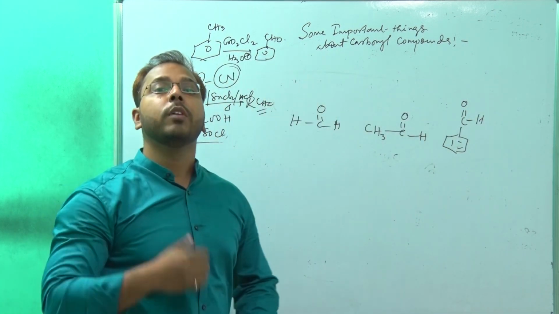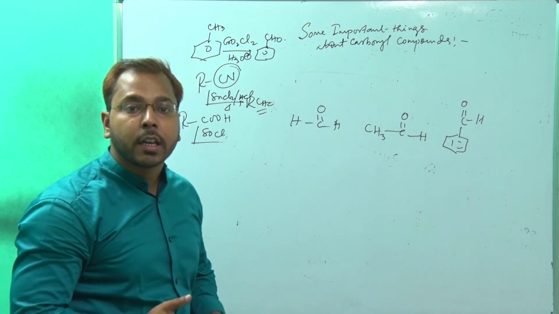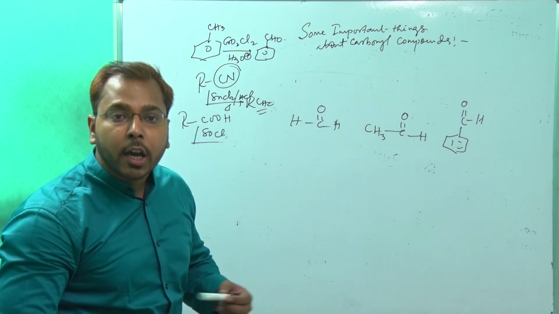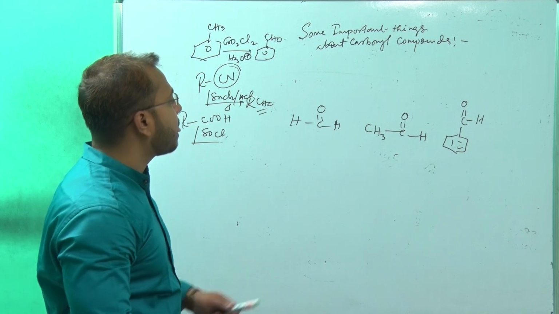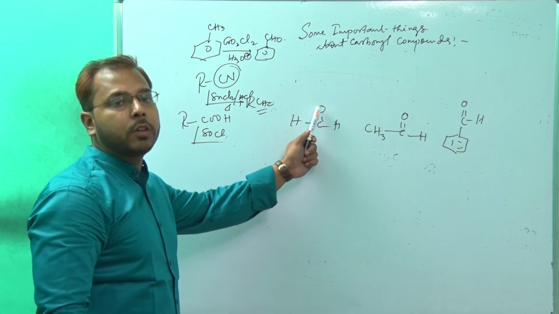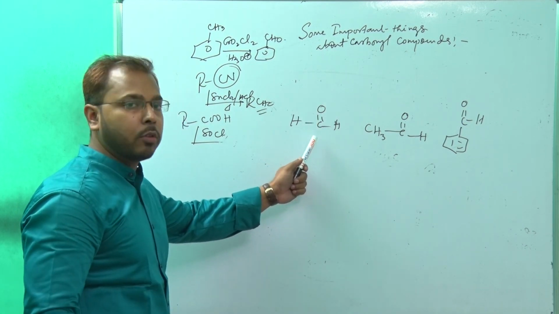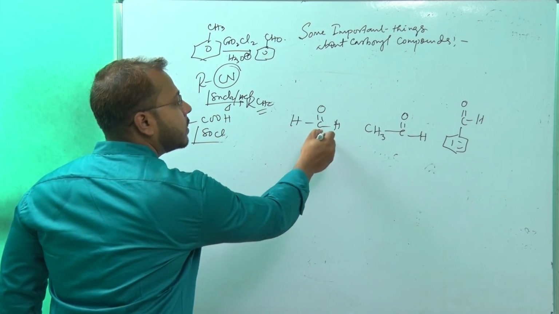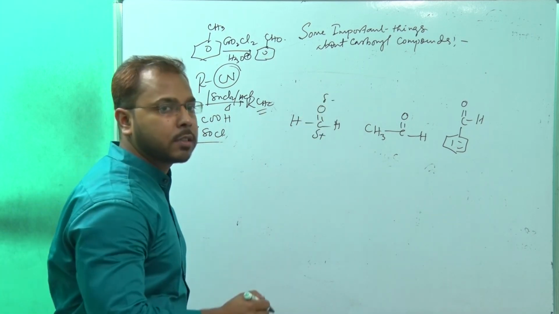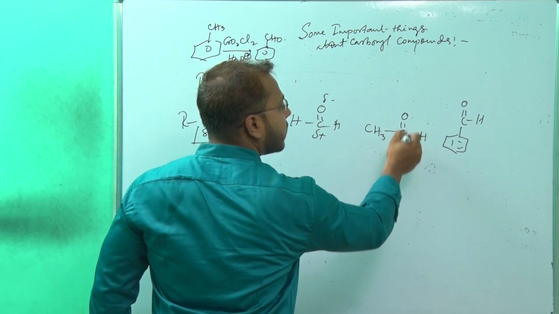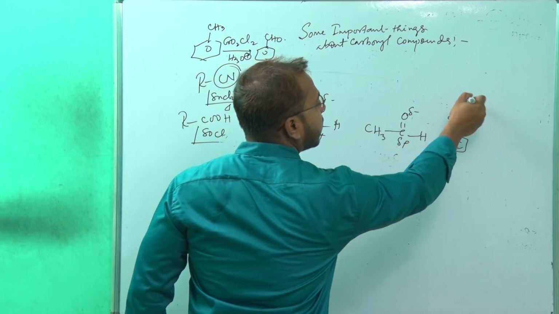Or the order of reactivity where nucleophilic attack takes place. Between carbon and oxygen, which one is more electronegative? We know oxygen. That is why a delta positive charge is on carbon and a delta minus charge is on oxygen.